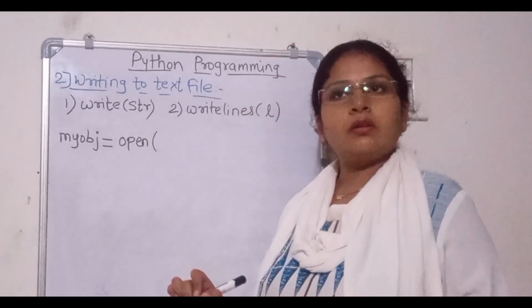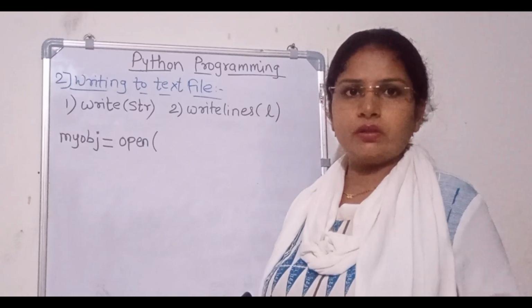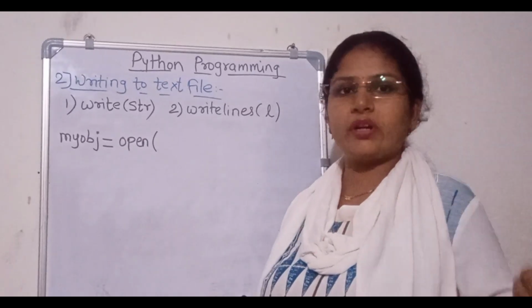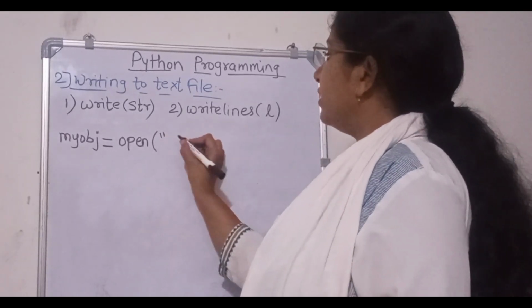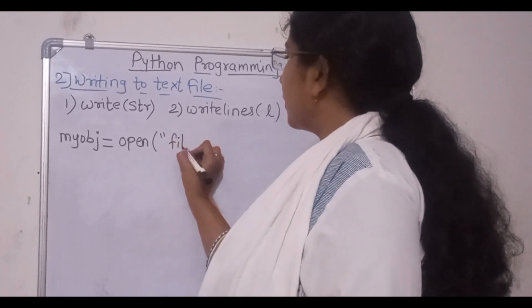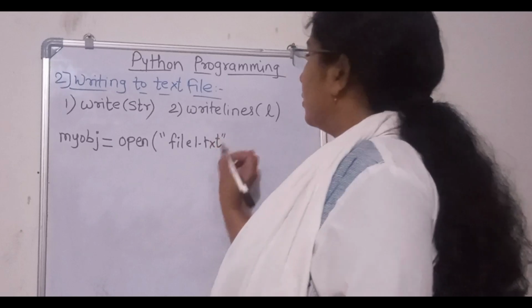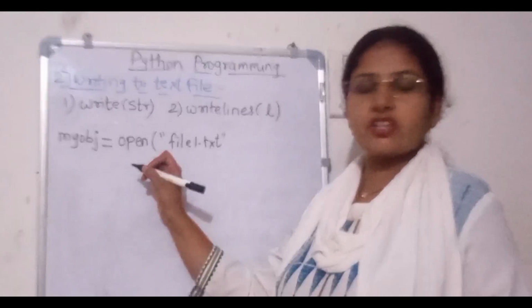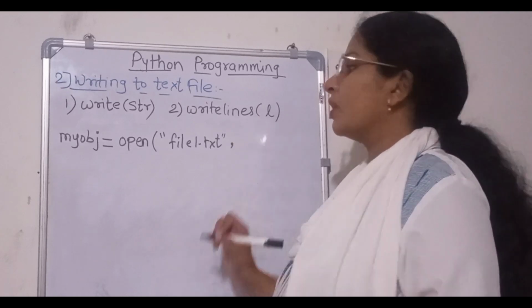Now the file must exist on your computer. You are just opening that file. Here give the file name. My file name is file1.txt. Okay, don't forget the extension, and don't forget the single or double quotes and comma.